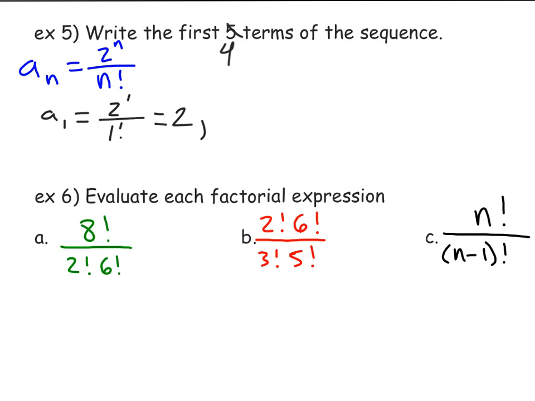Okay, notice I'm doing the same thing to get the terms as I'm just plugging in n. I want my second term. The bottom would be 2 factorial, but that would be 2 times 1. So that's kind of interesting. First term was 2. Second term was also 2.